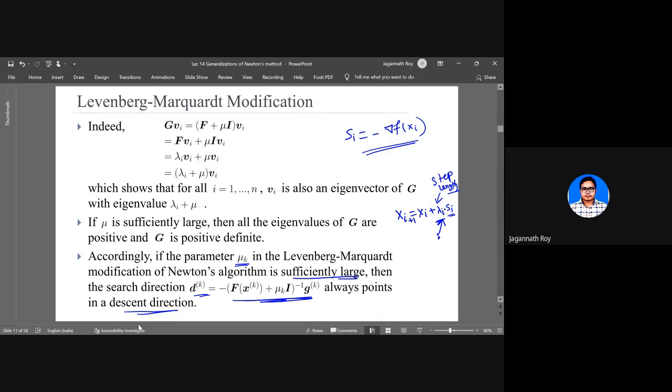This is one benefit: we don't have to calculate lambda i explicitly, because for lambda i we have to evaluate f of lambda, then make df d lambda 0 to find lambda star. So this is one extra calculation we have to do. But for this particular modification, we do not need to use this lambda value.